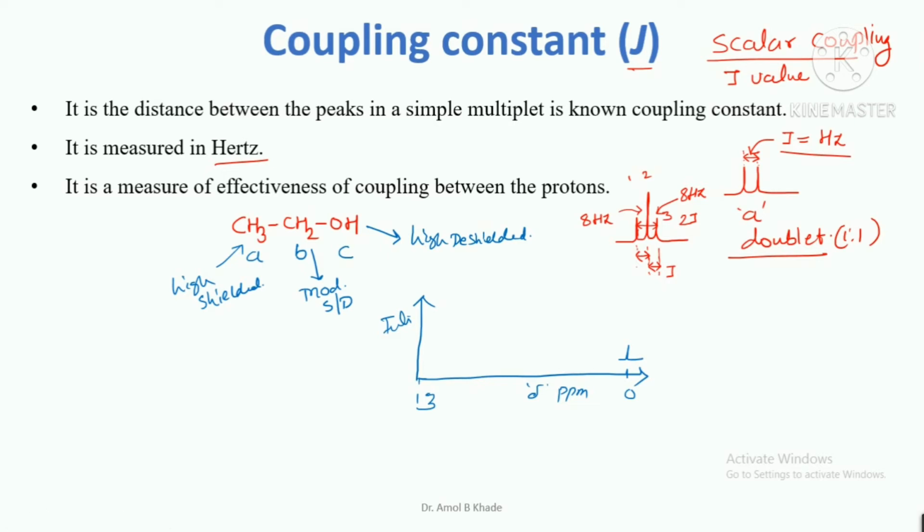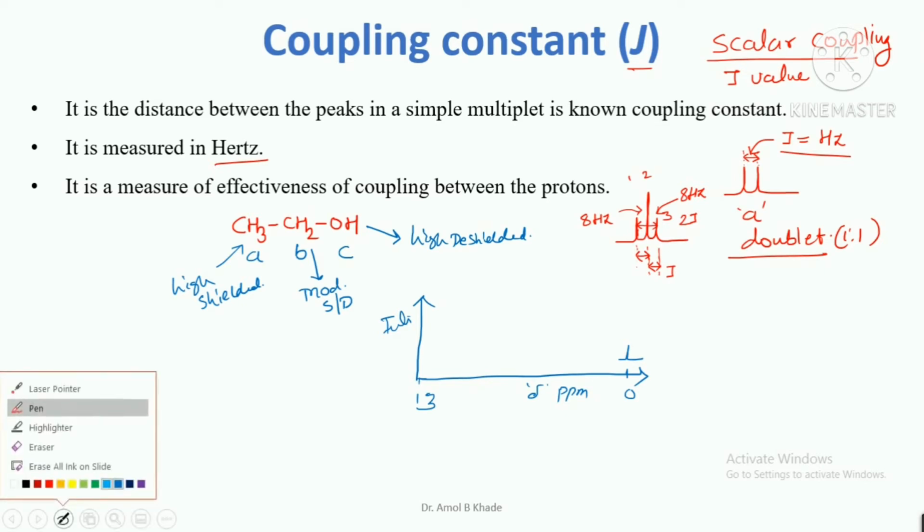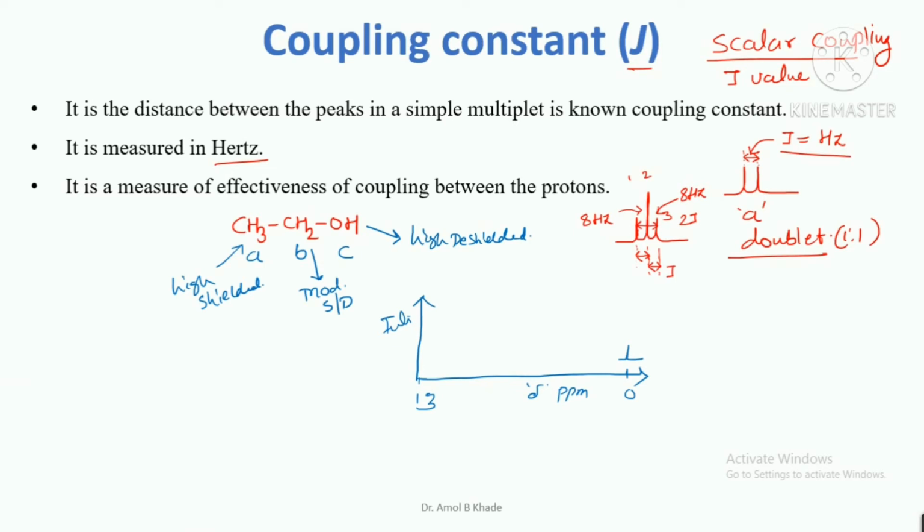Now if I talk about the splitting pattern with the empirical n+1 rule, for this CH3 we can draw the structure in a simplified format to understand the coupling constant. This is another set of protons, and then we have the OH like this.